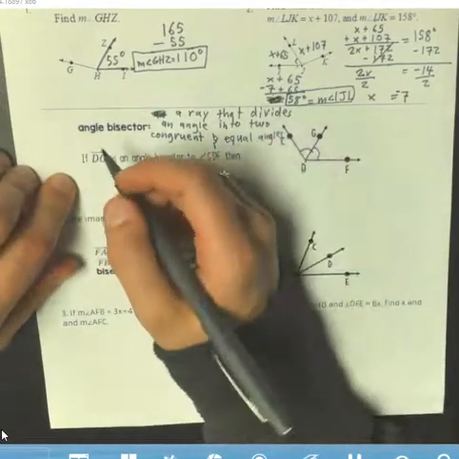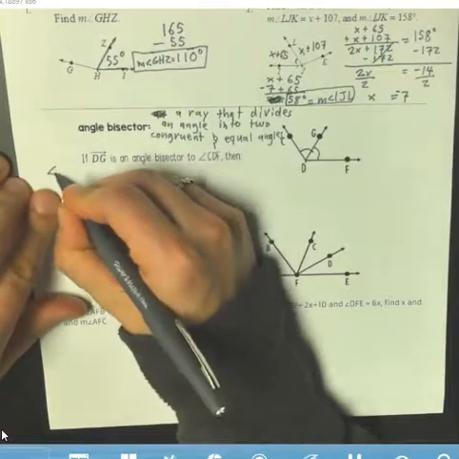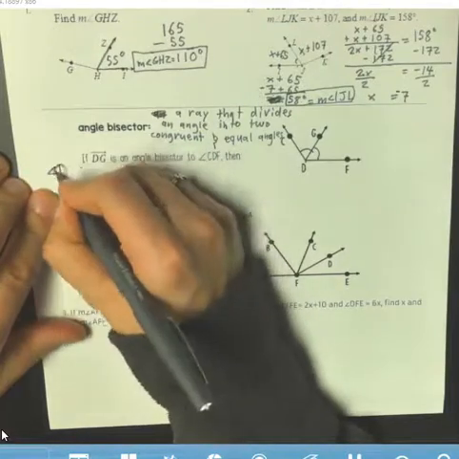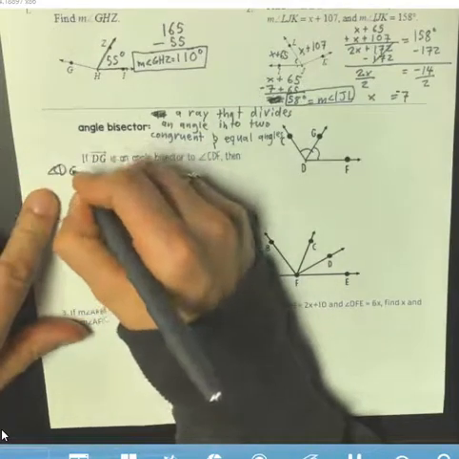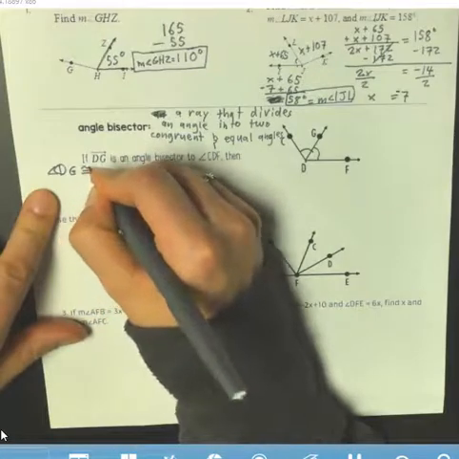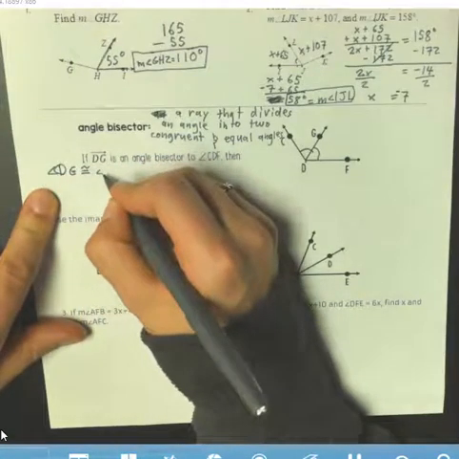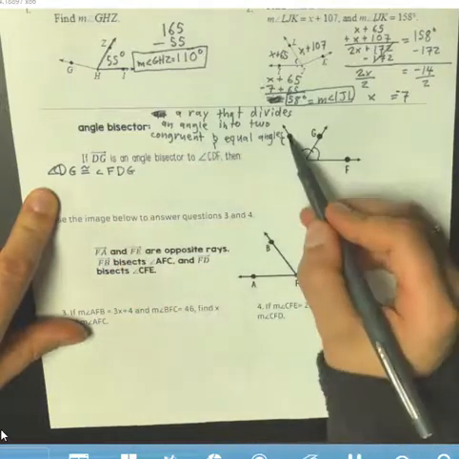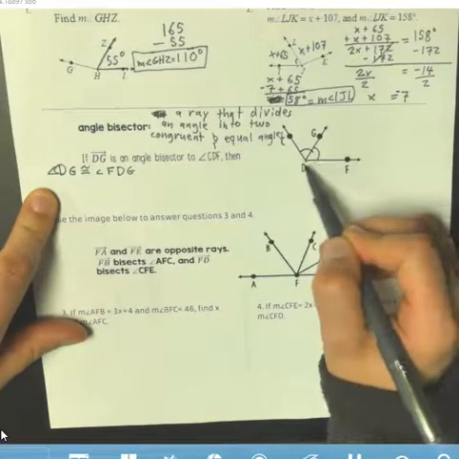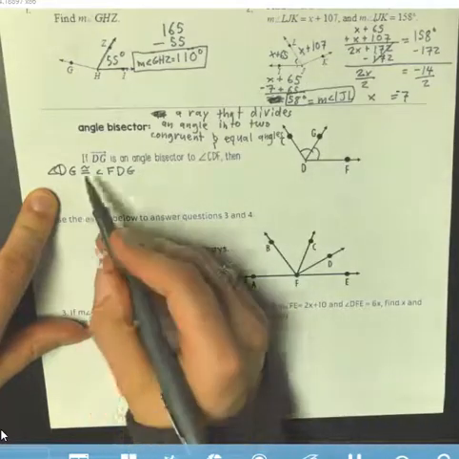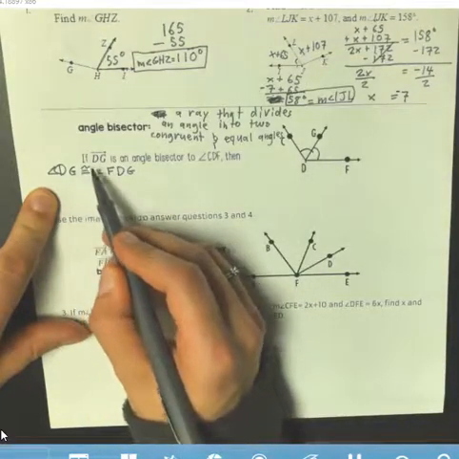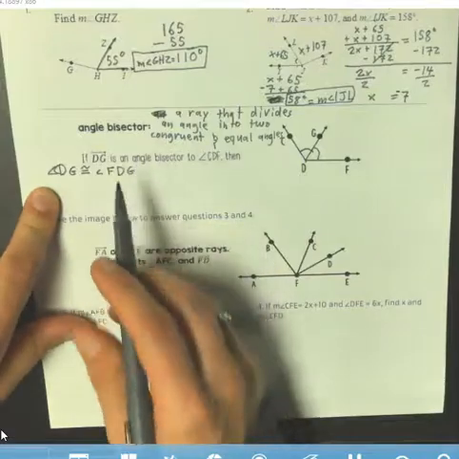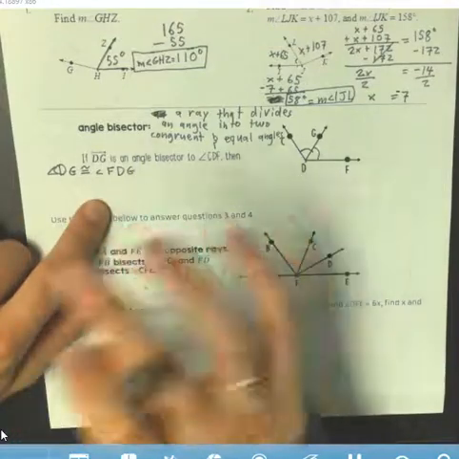So let's go ahead and write that angle CDG is congruent to angle FDG. And congruent is just this equal sign with this squiggly on top. Okay? So those are the angles total.